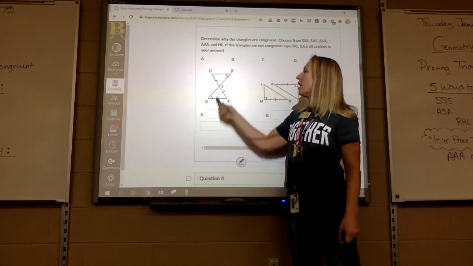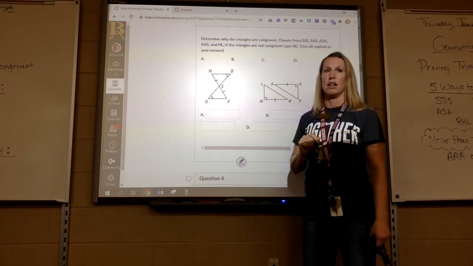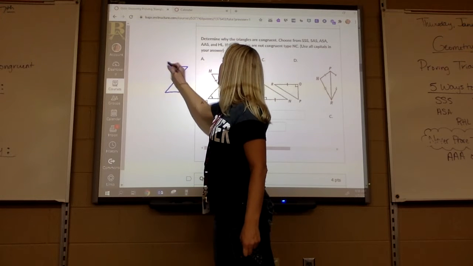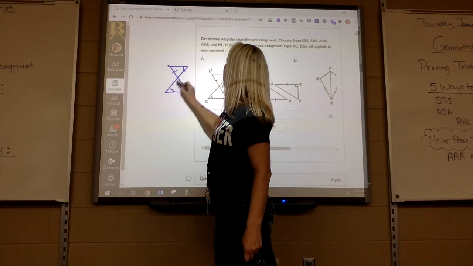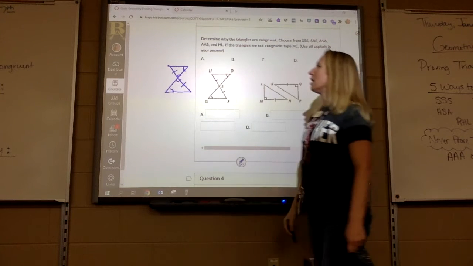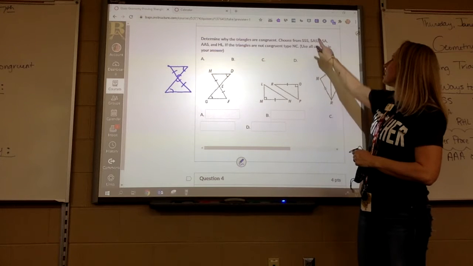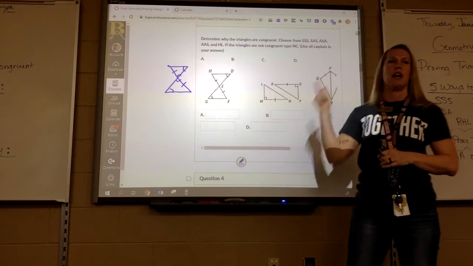If there are vertical angles, you have to either be able to look at this and imagine them, or draw the picture on your desk and put them in. Then you can decide why those triangles would be congruent. Is it SSS, SAS, ASA, AAS, or HL?